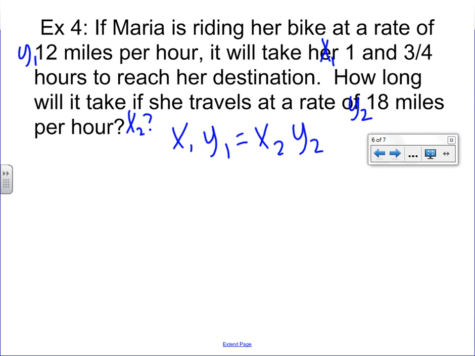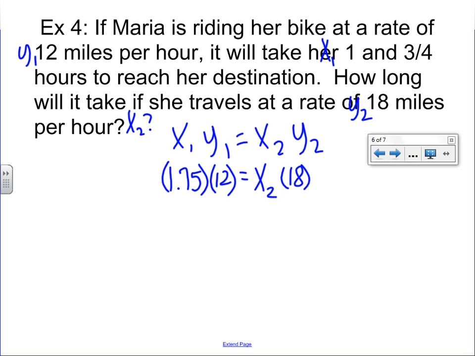So instead of x sub 1, I plug in 1 3/4 or 1.75 because I'm lazy and like to punch it in my calculator. And then I have 12 for y sub 1 equals, I don't know, x sub 2, and then I have 18 for y sub 2.